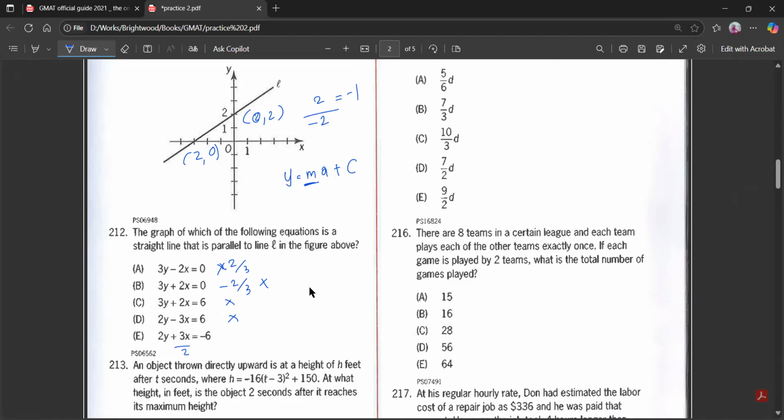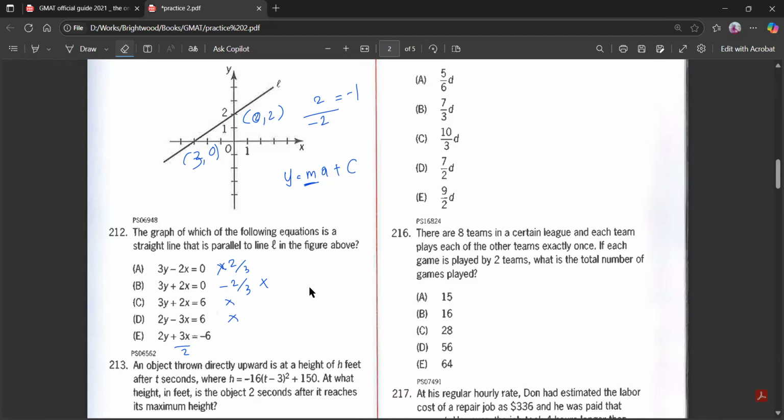But what happened? The graph of which following equation is a straight line. Okay. But all of them are not parallel, no? Sorry, this value goes for 3. Oh my God, sorry, 3, 0.